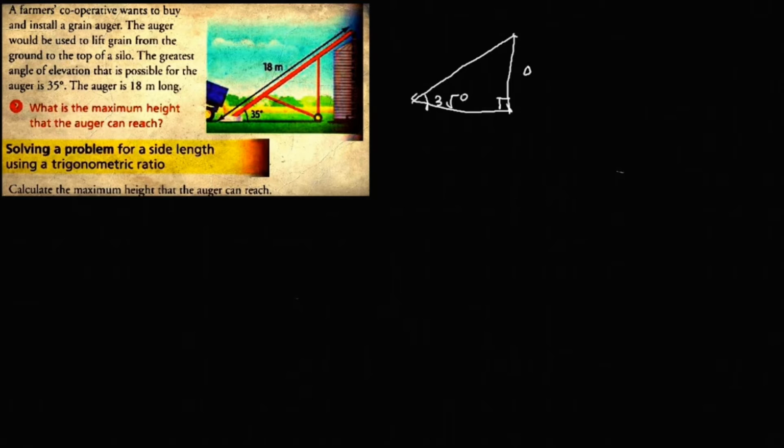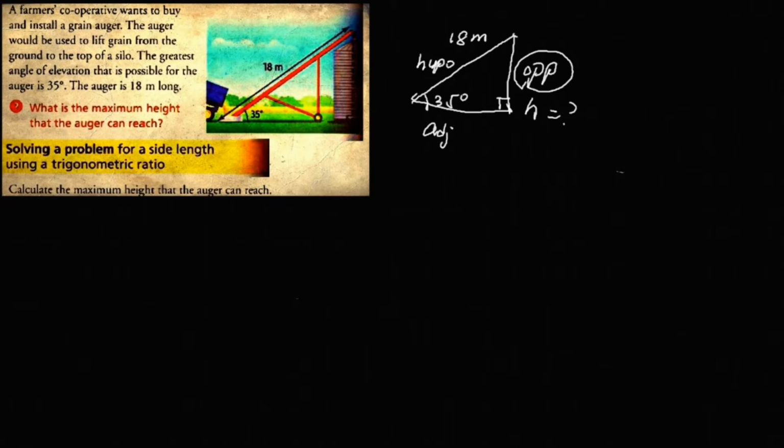So this is the opposite side relative to 35 degrees, and the hypotenuse equals 18 meters. This is the adjacent side relative to 35 degrees, and this is h, which we want to find out.